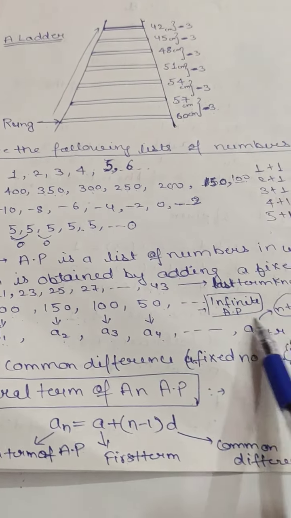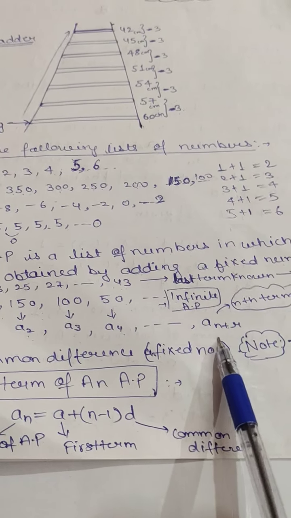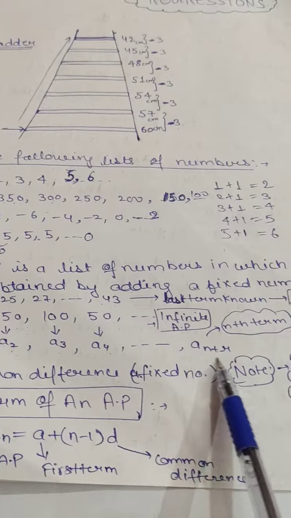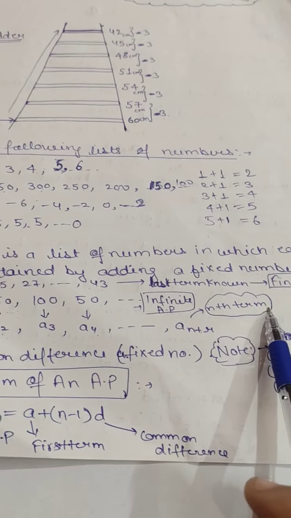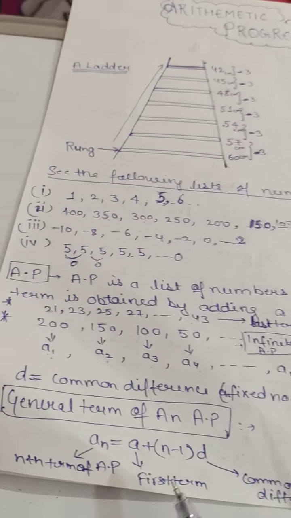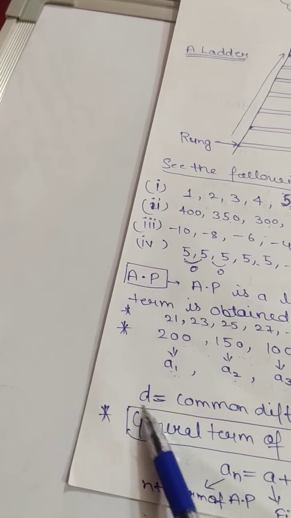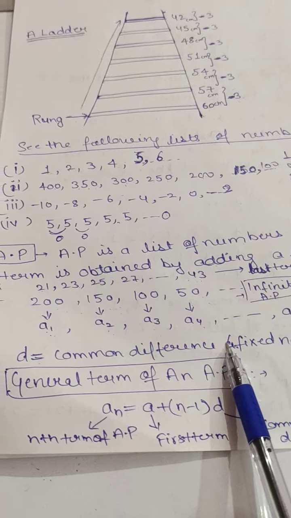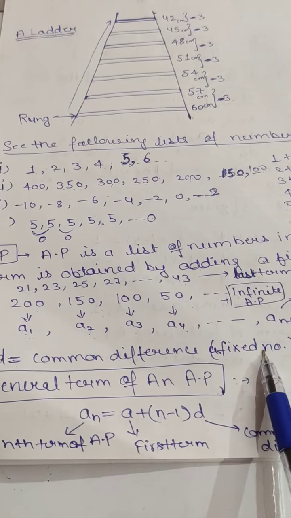Let us take the nth term as an, where an is the nth term of the AP. And we also take d as the common difference, or we can say a fixed number.